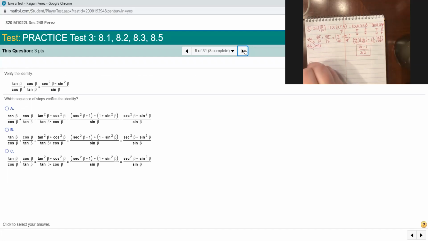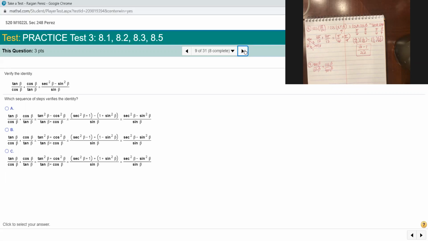Number 9. Okay, so they gave us tangent of beta over cosine of beta plus cosine of beta over tangent of beta. And you basically got to decide what to do. Well, I can't add two things unless they have common denominators.